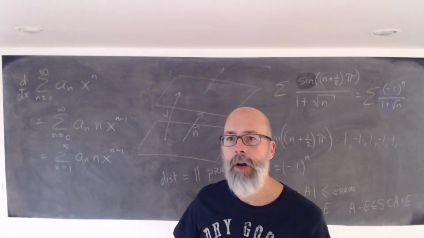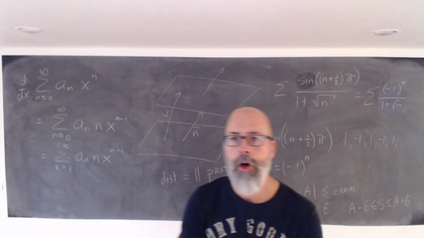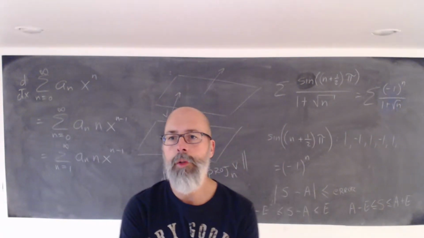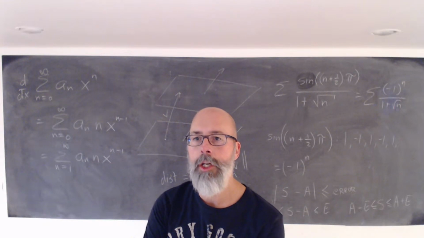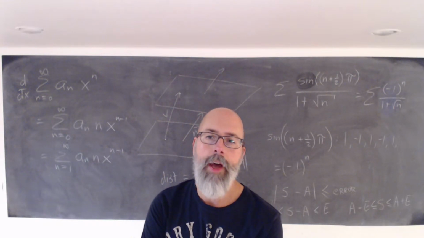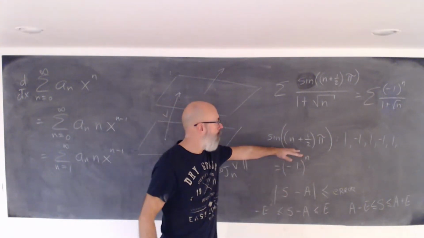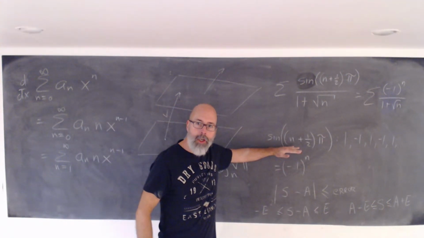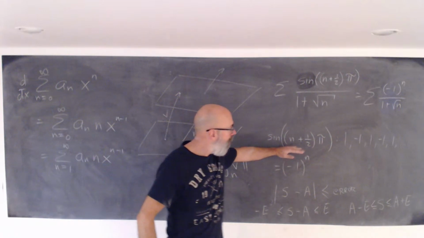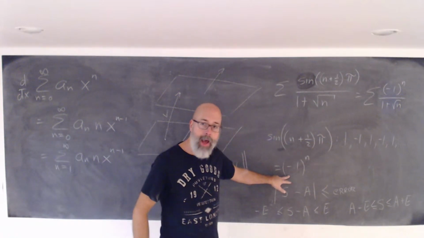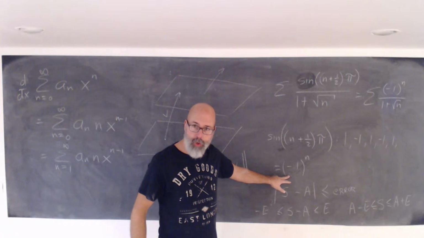Amar is asking, whenever we get an alternating series with sine or cos, we need to test for convergence. We need to change it to another form. That is not the case. Here I'm pointing out that in this special case, it's the same as the sequence -1 to the n.